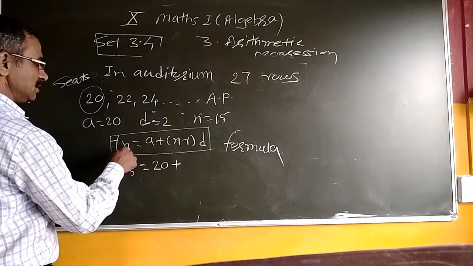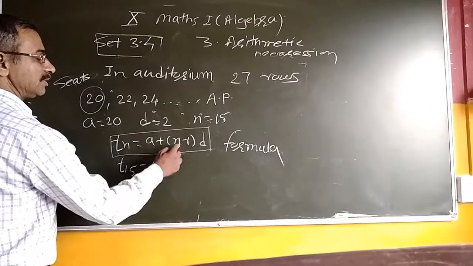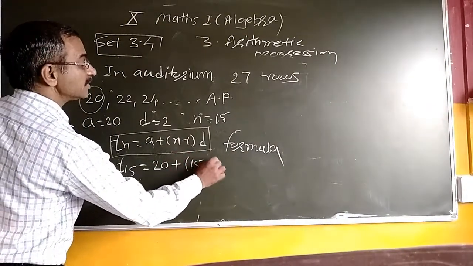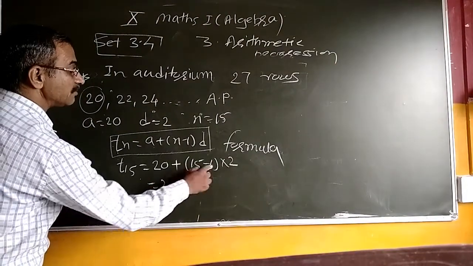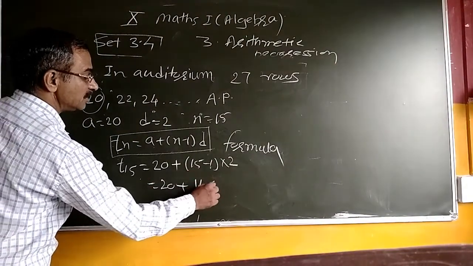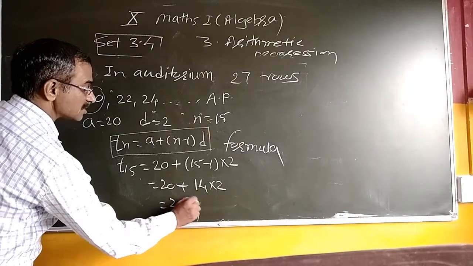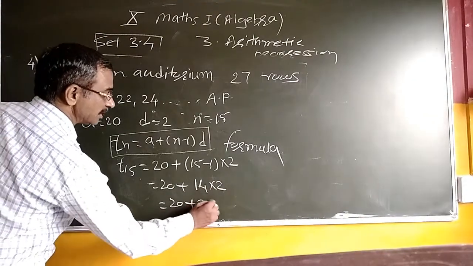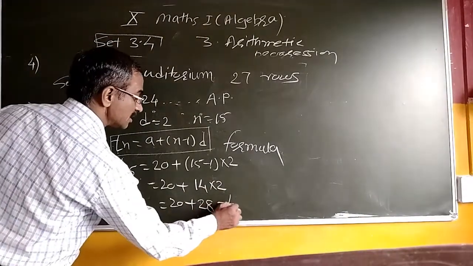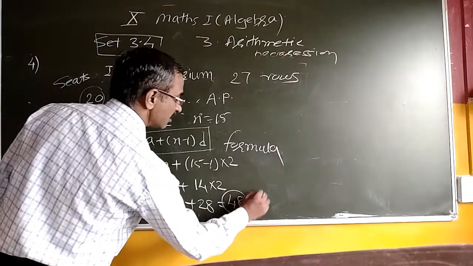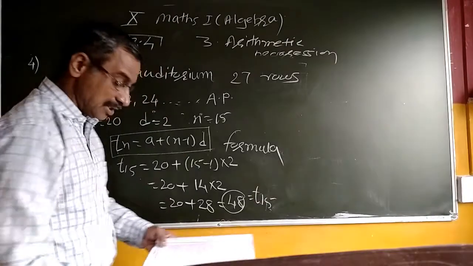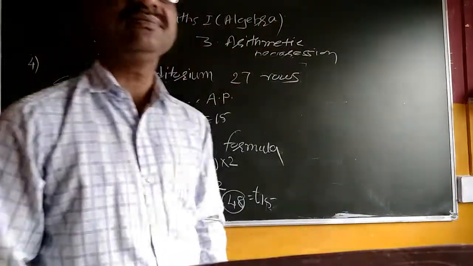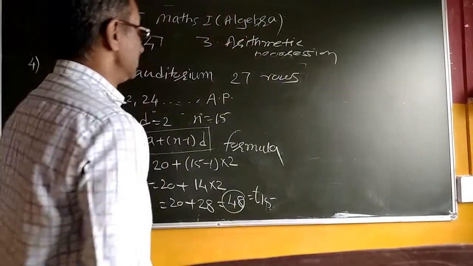By only replacing the n's value and the other values, 15 minus 1, the difference is 2. So 20 plus 15 minus 1, that is 14 into 2. 20 plus 14 into 2, that is 28. So the total seats in the 15th row are 48.